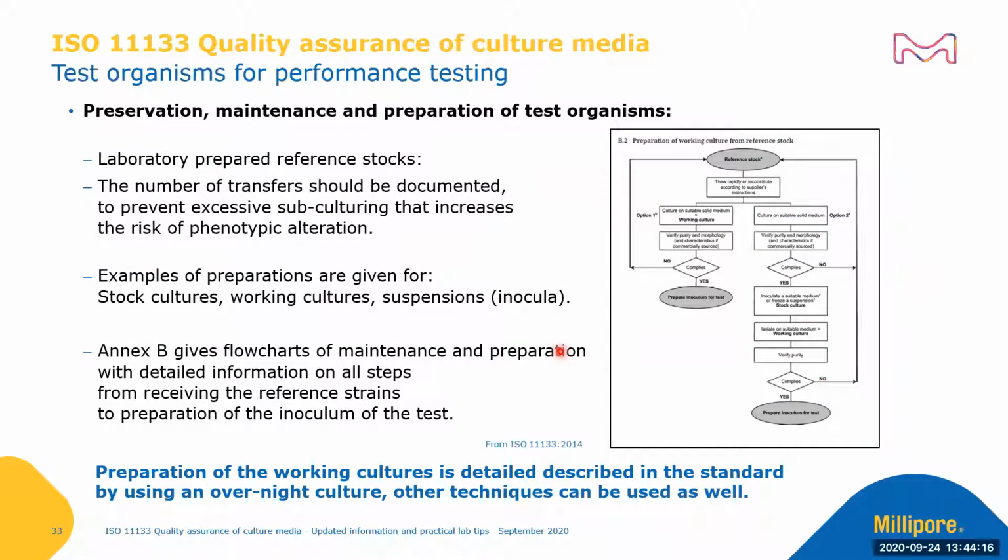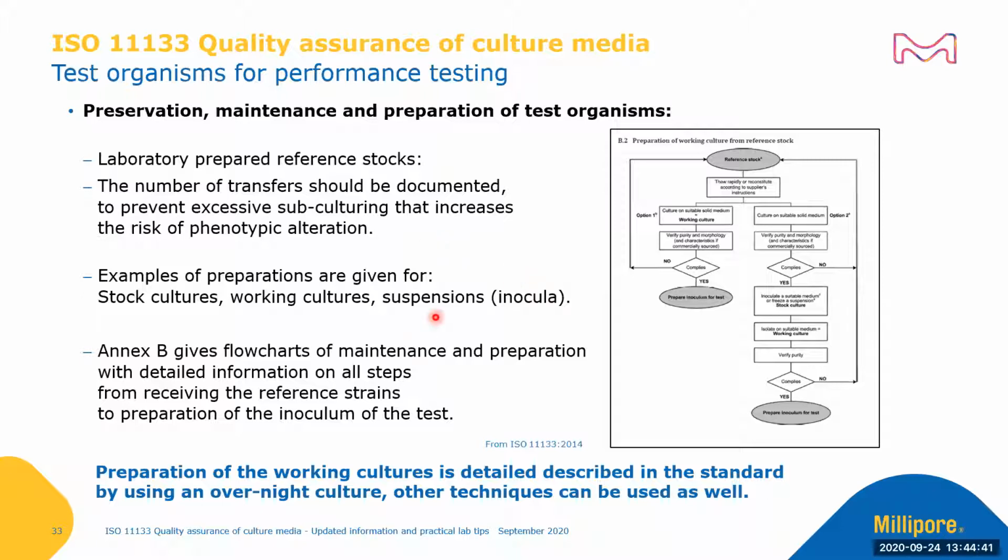The preservation, maintenance, and preparation of the test organisms is very detailed described in ISO 11133. So for laboratory prepared reference stock, the number of transfers should be documented to prevent excessive subculturing that increases the risk of phenotypic alteration.